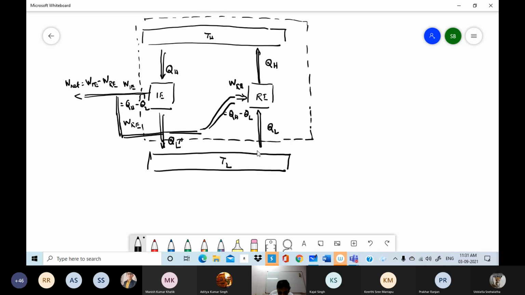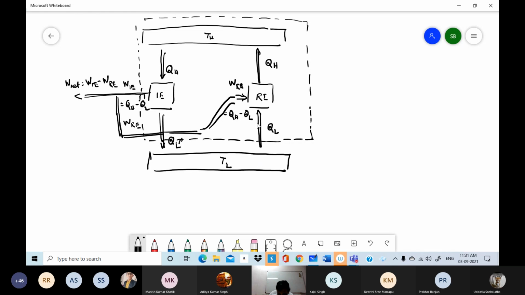So if I see the interaction with the low temperature reservoir, QL is going in this direction, QL prime is going in this direction. Now we had said that the reversible engine by assumption has lower efficiency, so less work output means more heat rejection to the lower temperature reservoir. So QL is greater than QL prime.